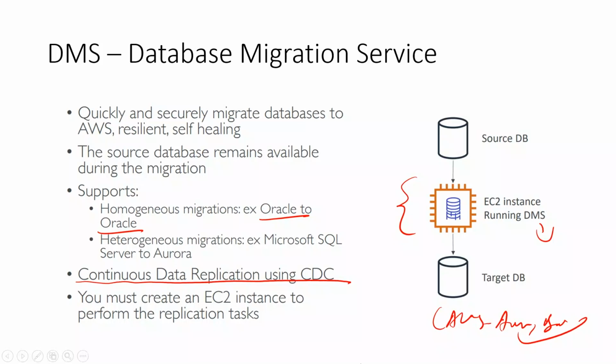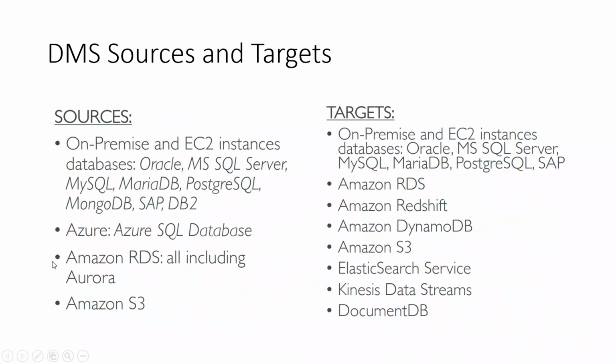Cool, right? Now, for DMS sources and targets, you need to keep in mind what can be the sources and what can be the targets. On-premises and EC2 instance databases, so any source in your on-premises database or your EC2 instances can be a source. Your source can also be a database on the cloud.